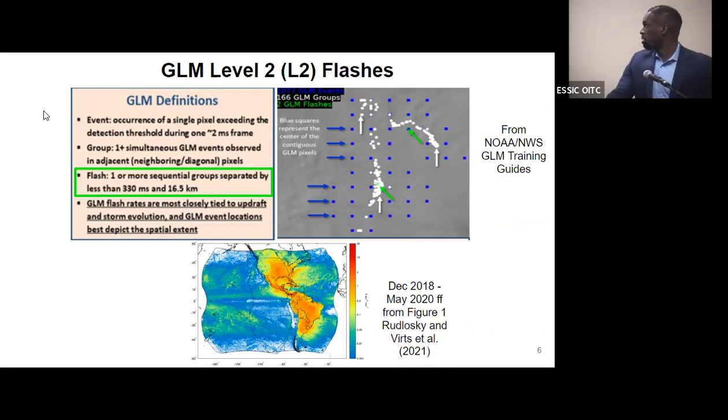Those are represented by the green X's you can see here faintly in this diagram from the Weather Service training guide. And you can see these grids more broadly in the GOES-16 in this easternmost outline, and GOES-17 in this westernmost outline. This is from the Wardlowski and Verts paper from 2021.